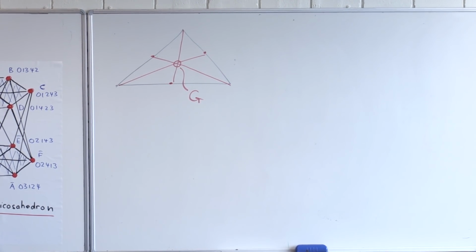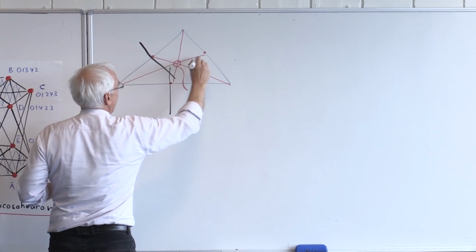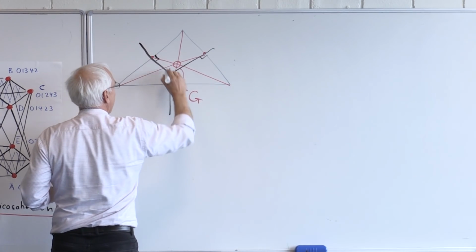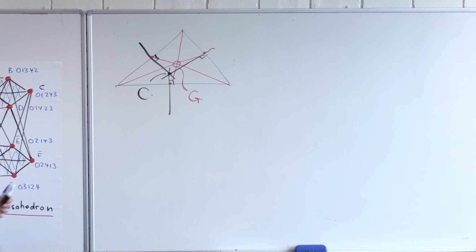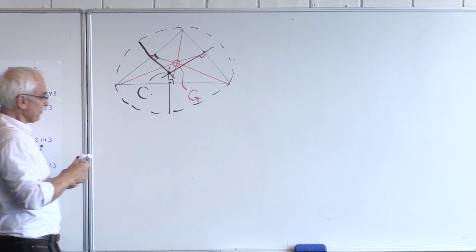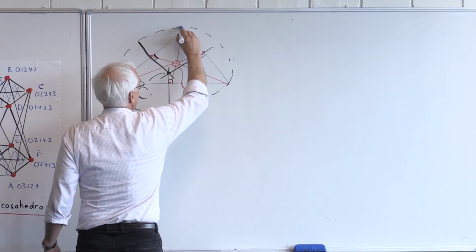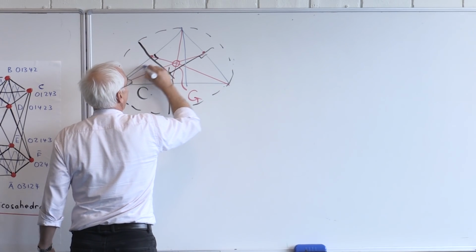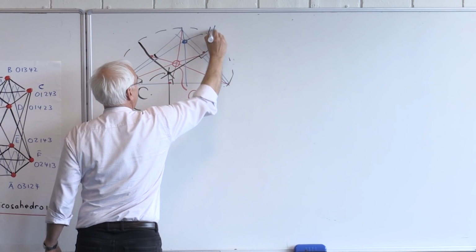If we take perpendicular bisectors, then we're getting the circumcenter of the triangle, which is the center of the circle that passes through the 3 points. And if we take the altitudes, they will meet at the orthocenter.